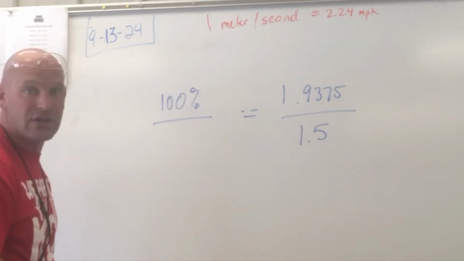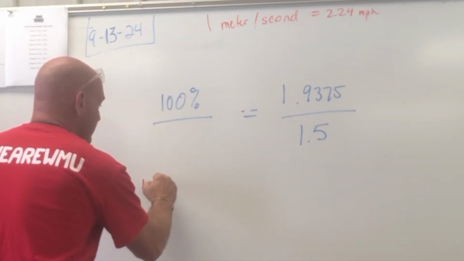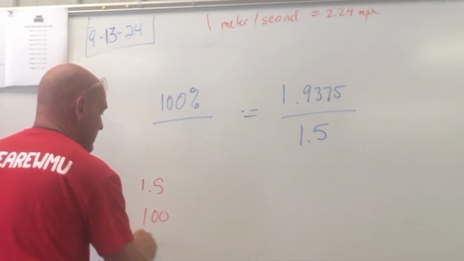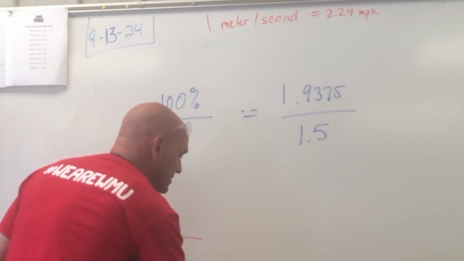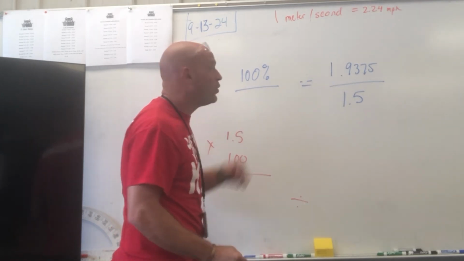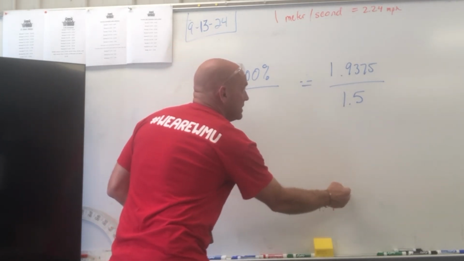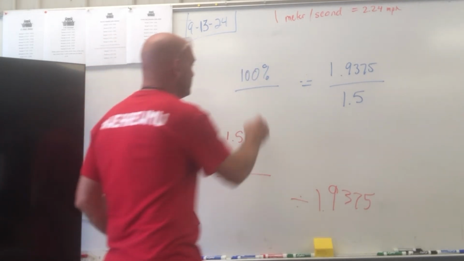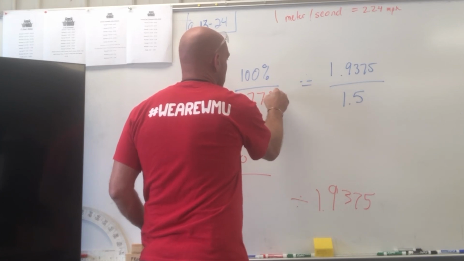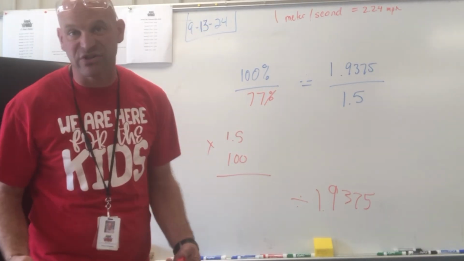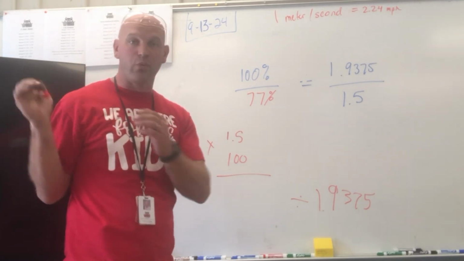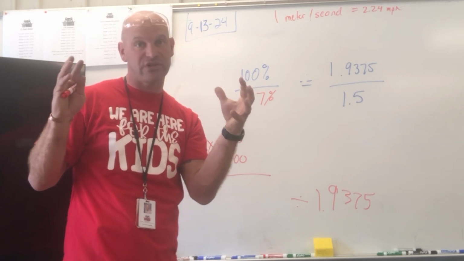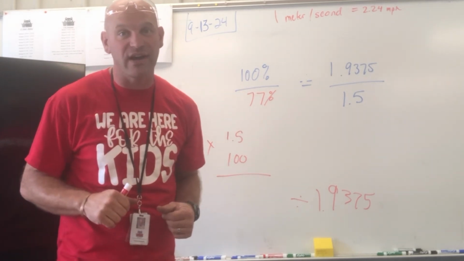So the way that looks is we take 1.5 times 100%, and then that gives us a number, and then we divide that by 1.9375, and that gave us 77%. So when we reprint these, we're going to shrink them down to 77%, and they should print just fine.